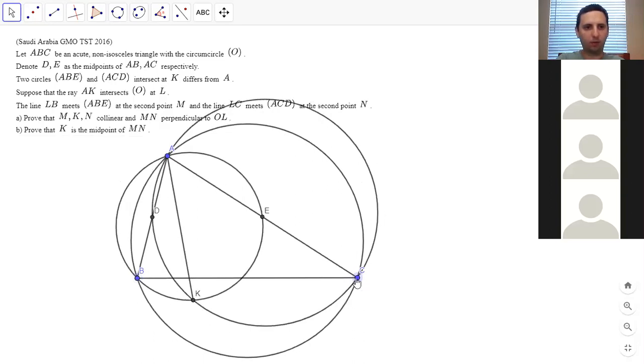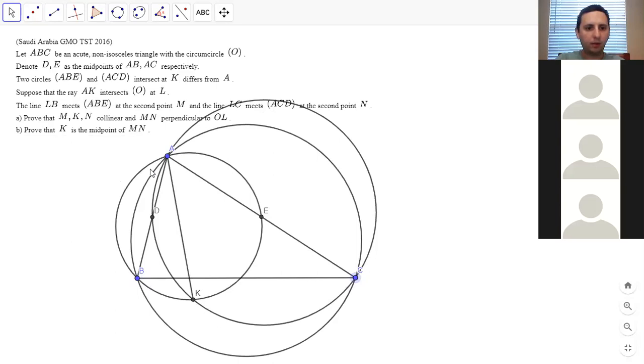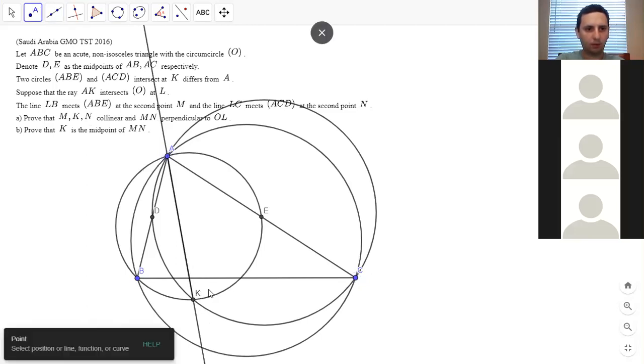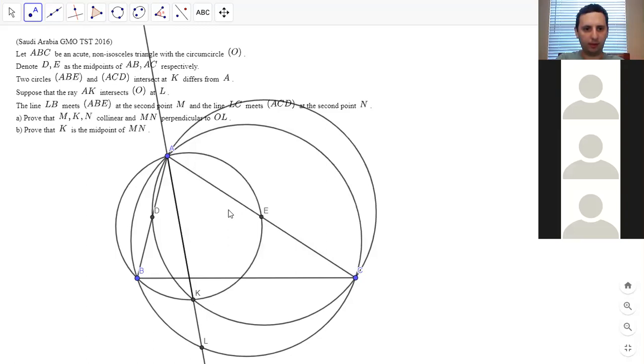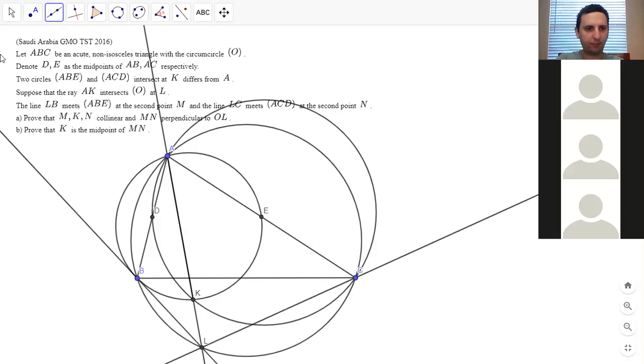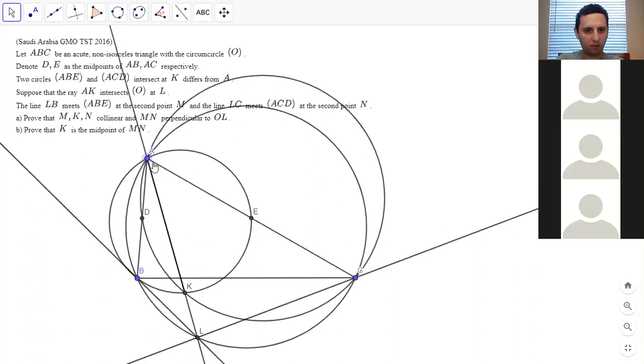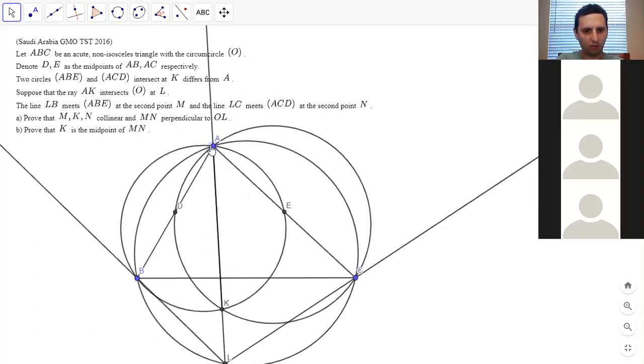Let's see. So the line LB, this is point L. And then it says LB meets that circle at M. Almost looks tangent. And LC meets it at N. Something like that.